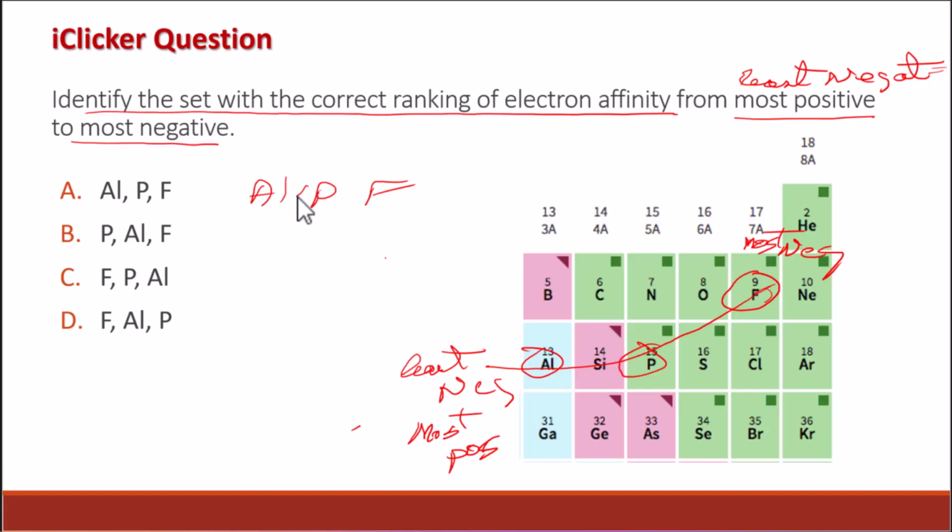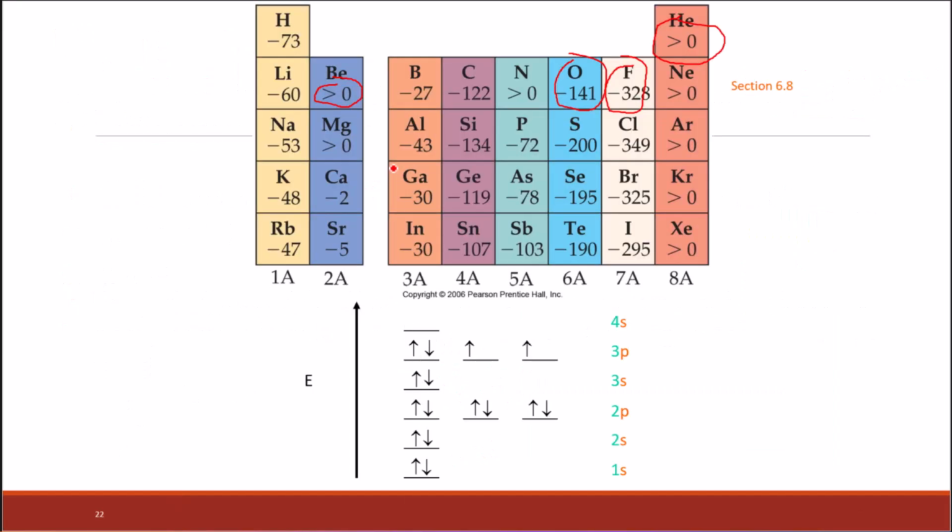So I'm looking for the most negative. Most negative is going to be fluorine. Phosphorus is less negative than fluorine, and aluminum is less negative than phosphorus. And we can check that out. Let's go back a few slides. We actually had values. Here you can see fluorine is minus 328 kilojoules per mole.